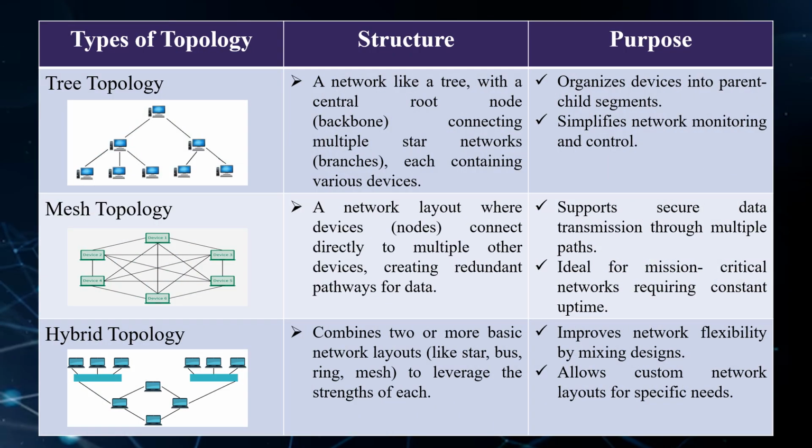Tree topology: it organizes devices into parent-child segments and simplifies network monitoring and control. Mesh topology: it supports secure data transmission through multiple paths, ideal for mission critical networks requiring consistent uptime.